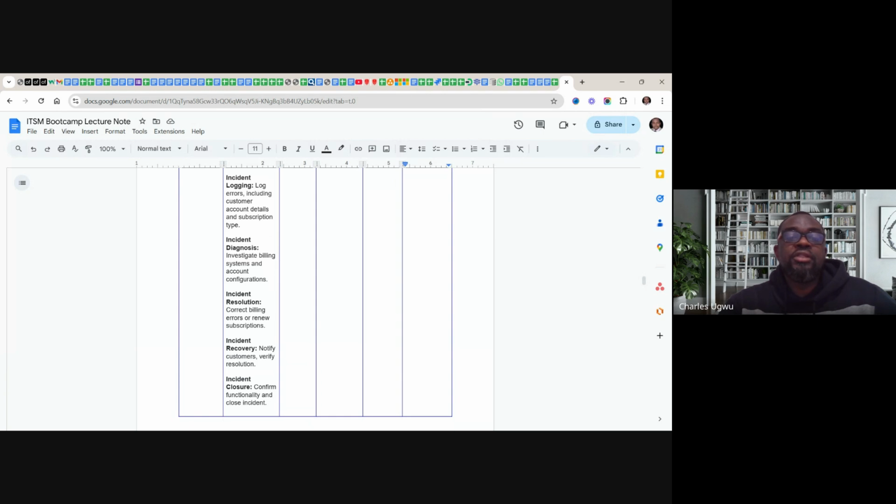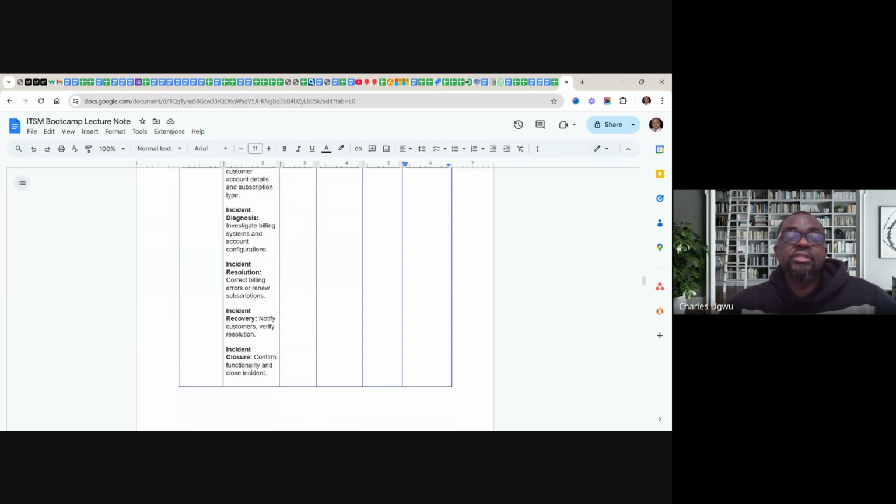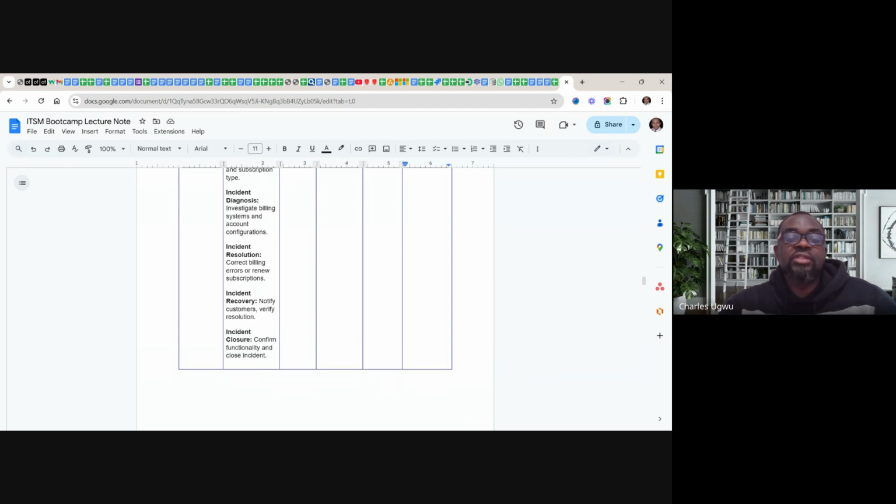Then incident resolution: correct billing errors or review the subscription. Incident recovery: notify the customer and verify resolution, and then close the ticket.